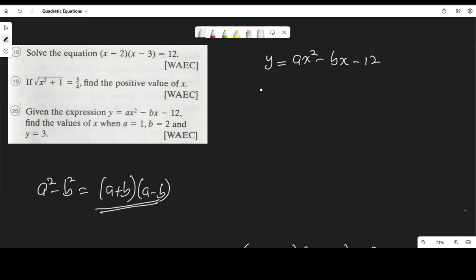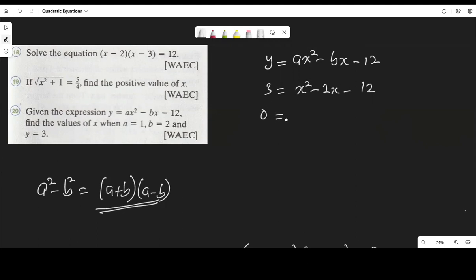y is 3, equal to a is 1, 1 times x squared is x squared, minus b is 2, 2 times x is 2x, and minus 12, which is a constant. So to solve this, let me move this 3 across to the other side.